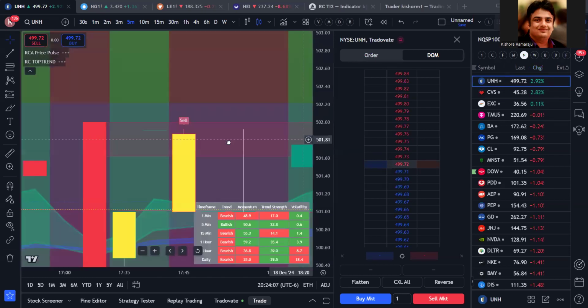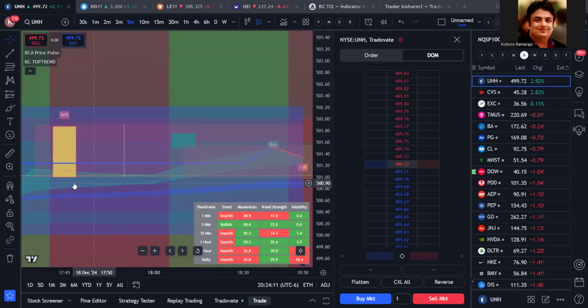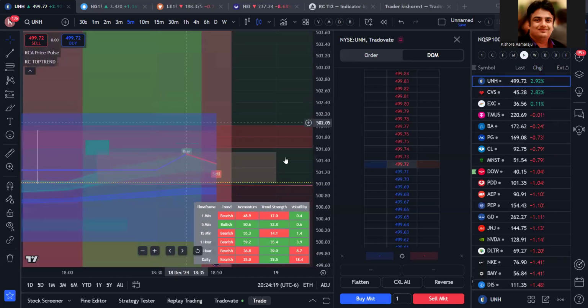UNH, we may see a nice move tomorrow. Today, even with all the market down, UNH, CVS, EXE are looking good for tomorrow for a big run.